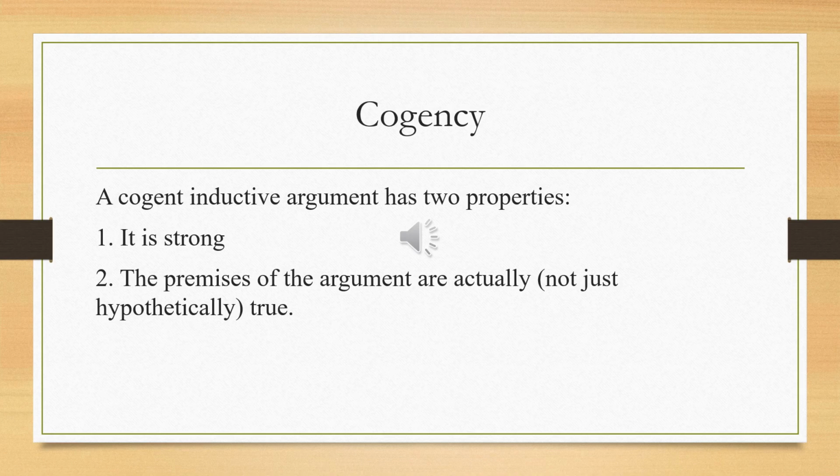And then when we add the second aspect and determine, yes, in fact, the premises are true, put those two ideas together, and you get the idea that the conclusion of the argument is probably true, in fact, not merely hypothetically. So cogency adds the idea of truth to the conversation. Strength only required hypothetically assuming premises to be true, but in order to determine whether or not the argument is then cogent, we have to know the facts.